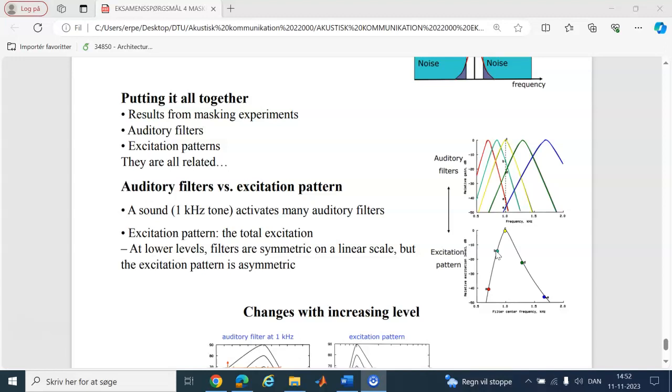So okay, and then we have the dark green one. The 1 kilohertz tone intersects in D, and the center frequency is 1250, and the blue one is about 1600 or 1700 or something.